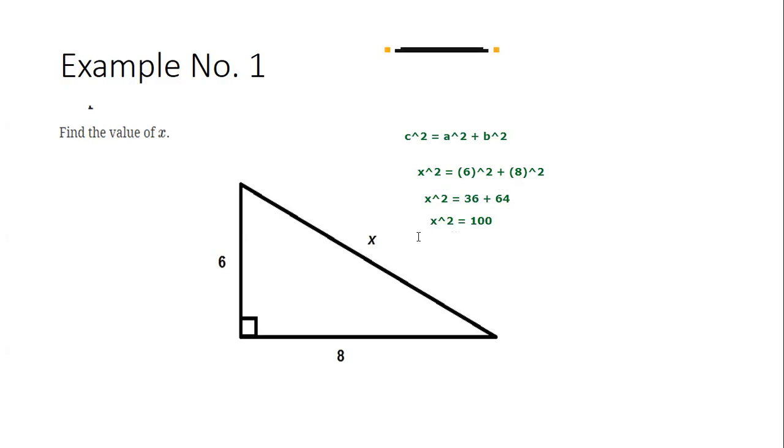To get the value of x, since this is x squared, you need to extract the square root of both sides of your equation. So x is equal to 10. So the longest side, the hypotenuse, is 10.